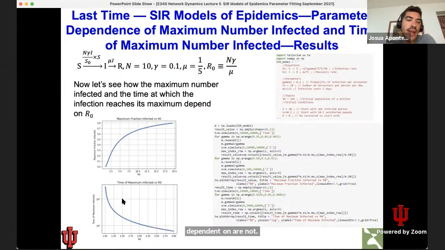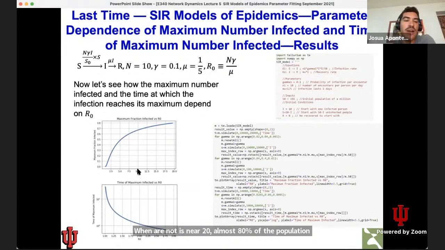And we saw that as R naught increases from 1 to 20, the maximum fraction of the population infected at a single time increases like this saturated function here. When R naught is near 20, almost 80% of the population will be infected at the same time.